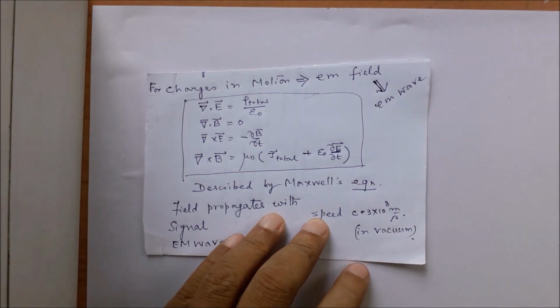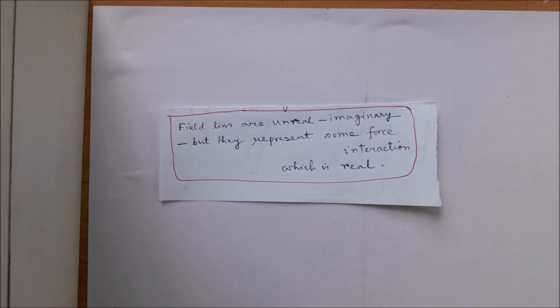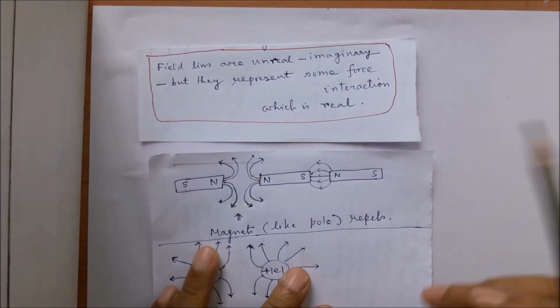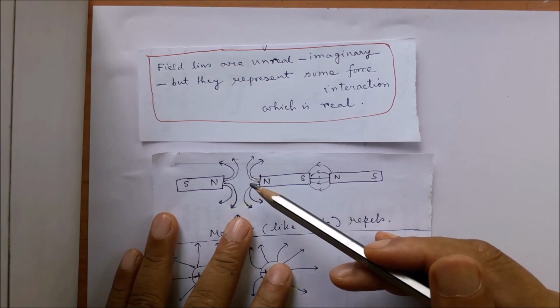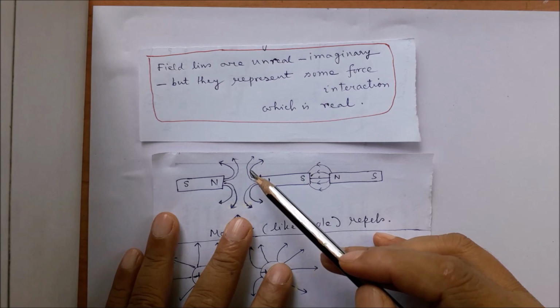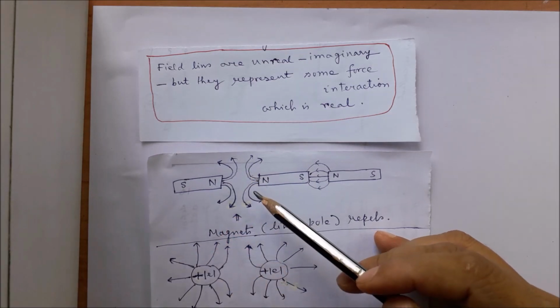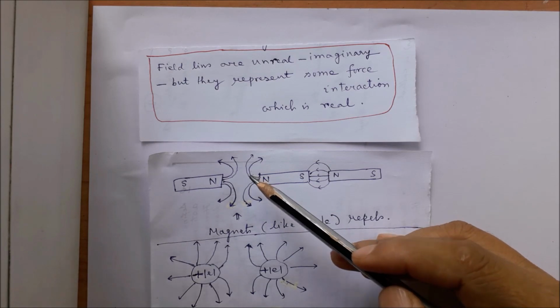So we can conclude that field lines are unreal, imaginary, but what they represent is very real. They stand for some force of interaction which is real.